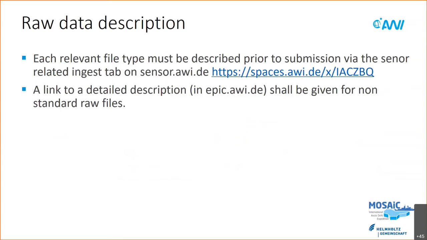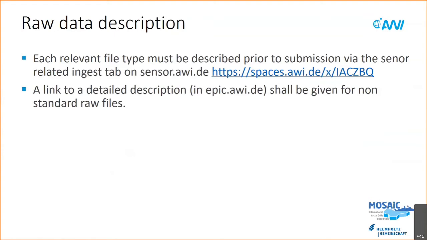And in order to be able to archive your data in a semi-automatic manner and in a timely manner, we need your input. Recently, emails were sent to the MOSAIC community with a request for data description. This means that each relevant file in the MCS raw data must be described.